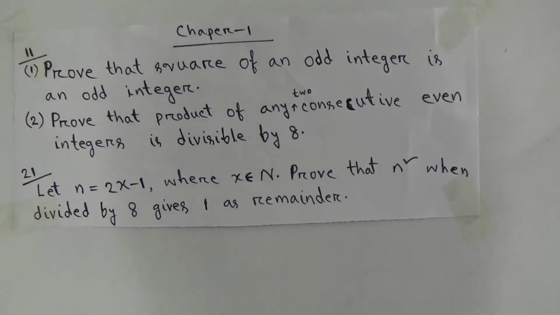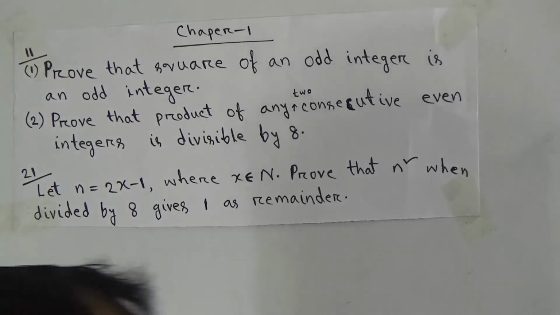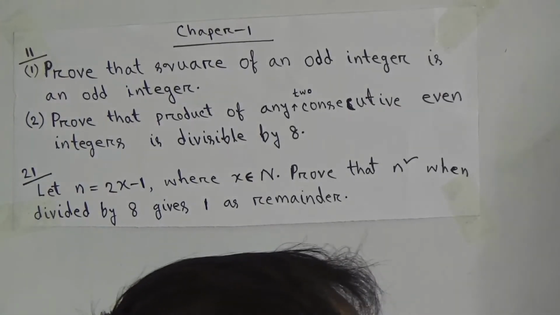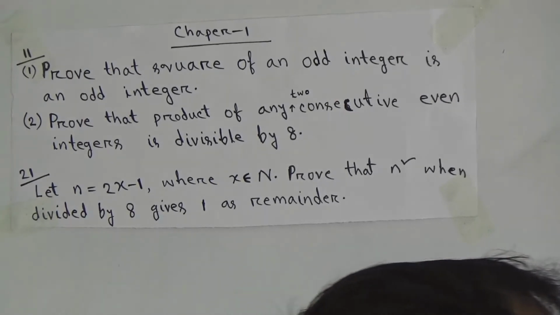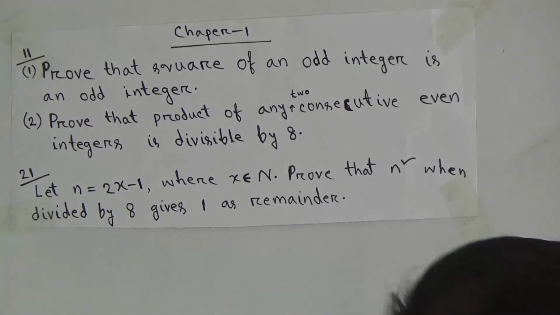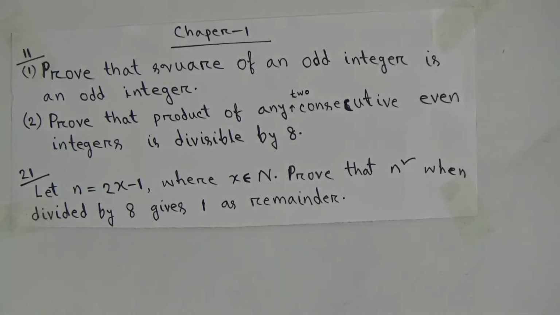One is 2x and another is 2x plus 2. Let 2x and 2x plus 2 be two consecutive even integers.